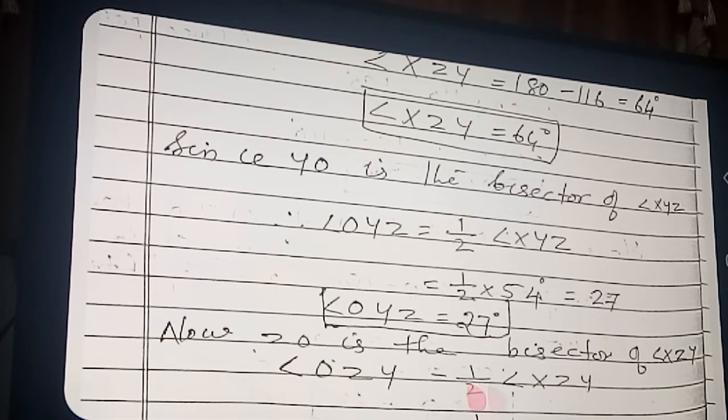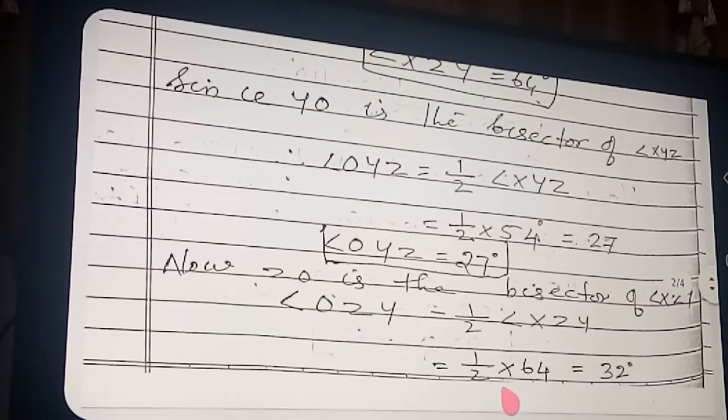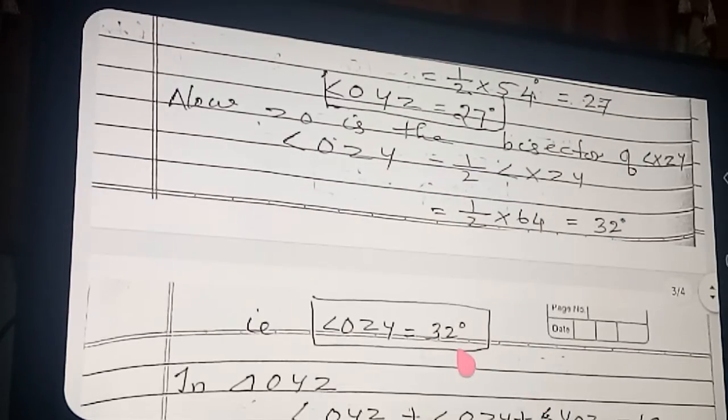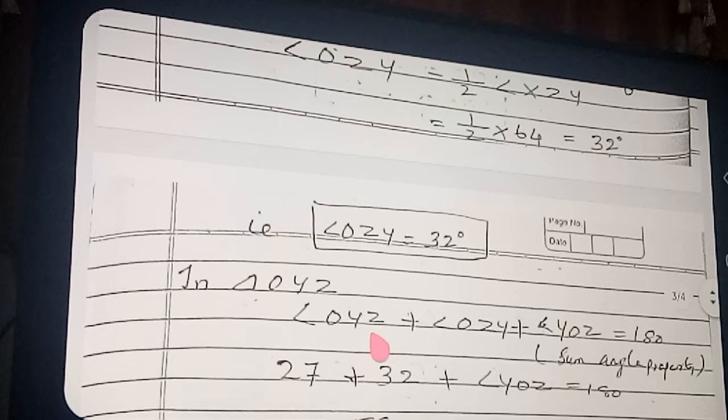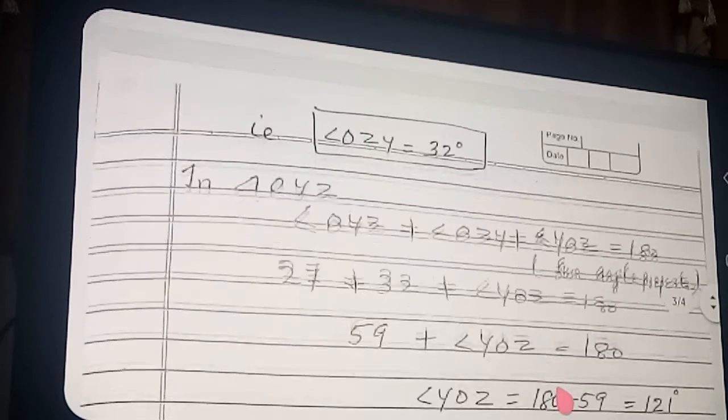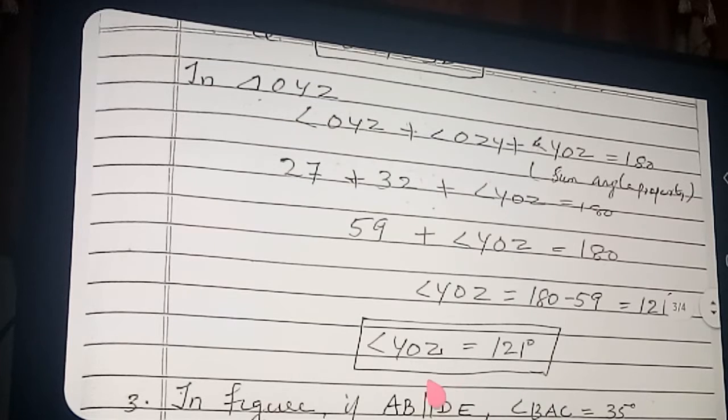Therefore that angle is equal to half of angle XZY, 32. After getting both the angles, we took the sum of all angles, 180, applied it and got the answer. Angle YOZ is 121 degrees.